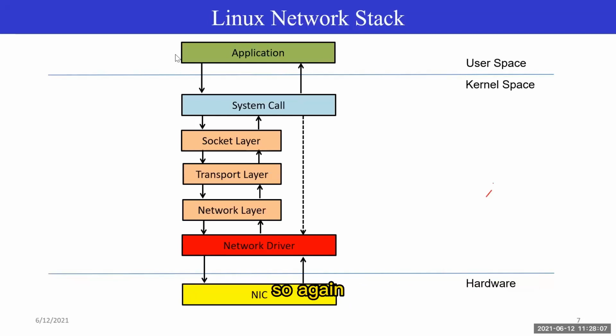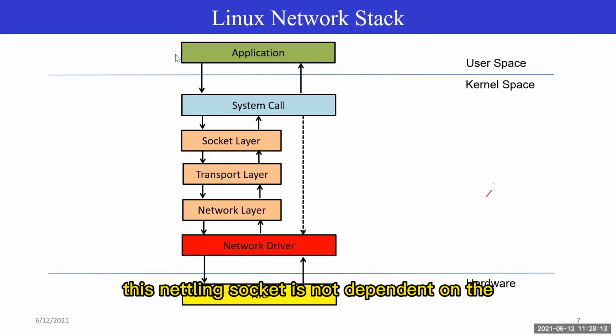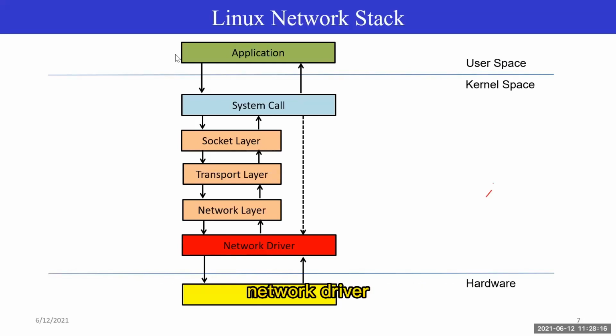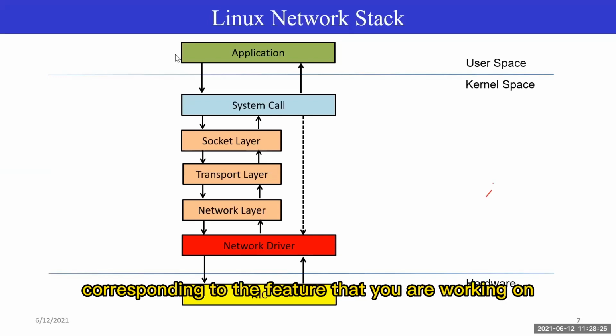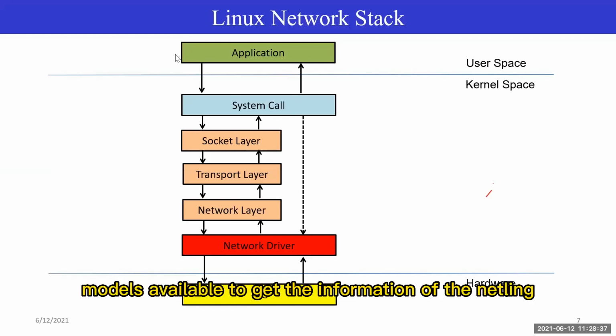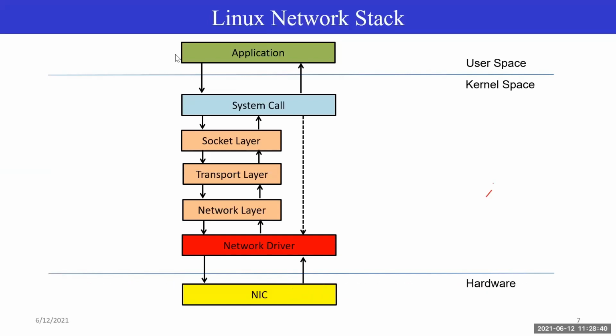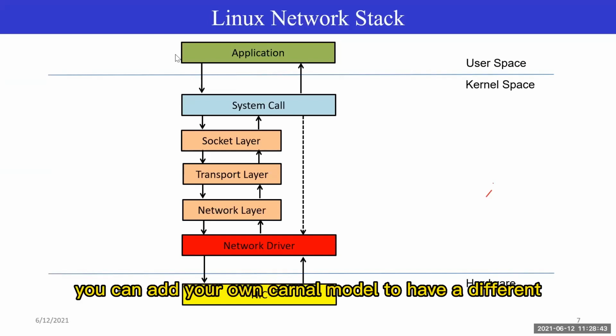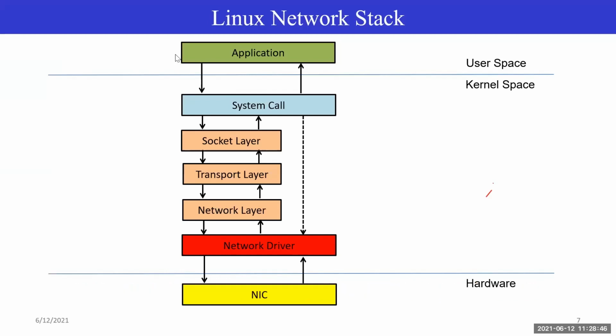Okay. So again, just to summarize this slide, this Netlink socket is not dependent on the network driver or any layer, but yes, there must be some network module corresponding to the feature that you are working on or are interested in. Those modules have to be there. There are already by default many modules available to get the information of the netlink, and most importantly, you can add your own kernel module to have a new feature also.